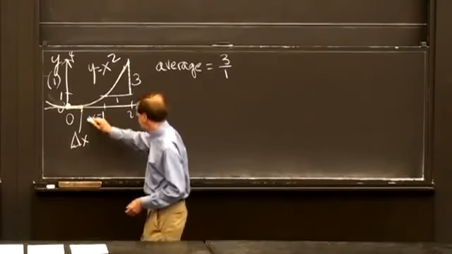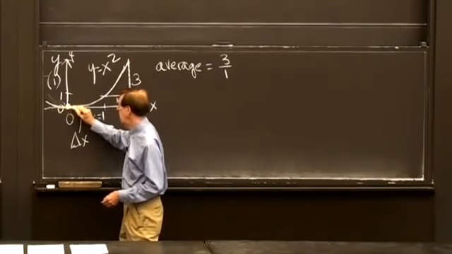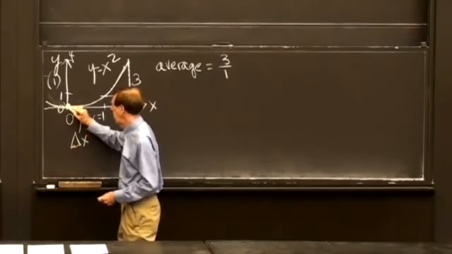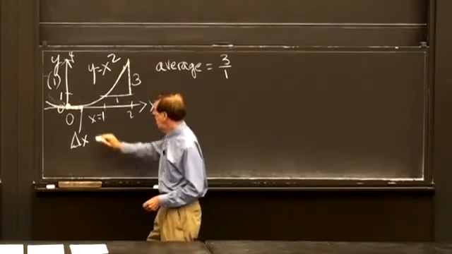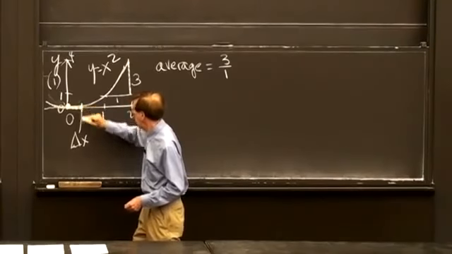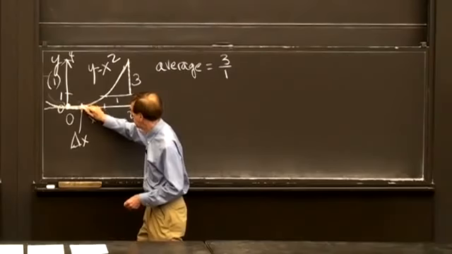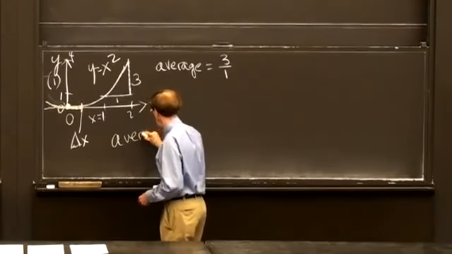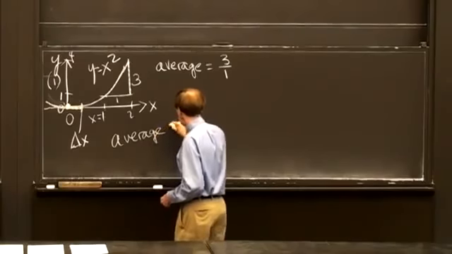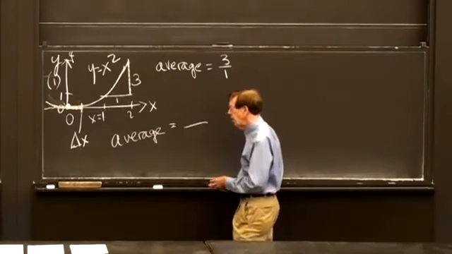And then, so what's the average? I'd like to just find the average speed or average slope. If I go over by delta x, then how high do I go up? Well, the curve is y equals x squared. So how high is this? So the average is up divided by across.